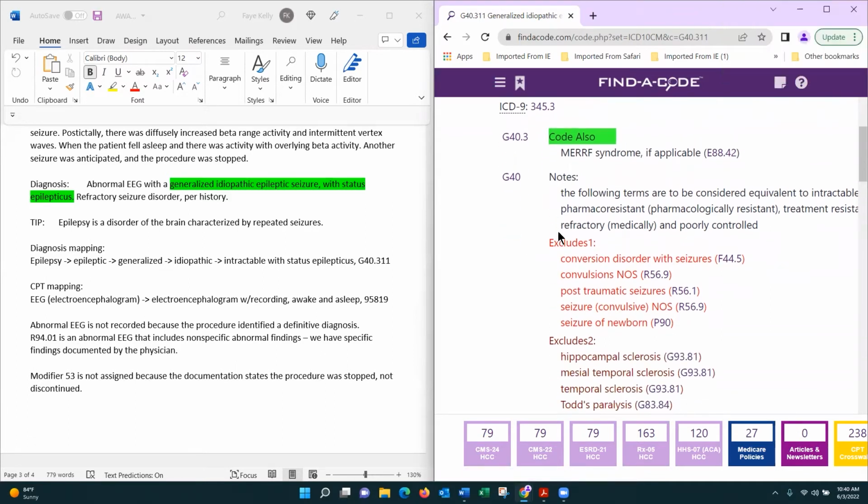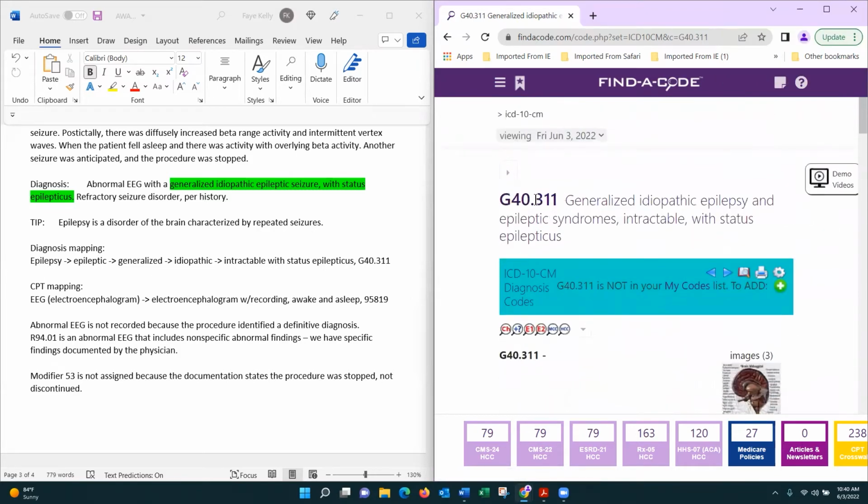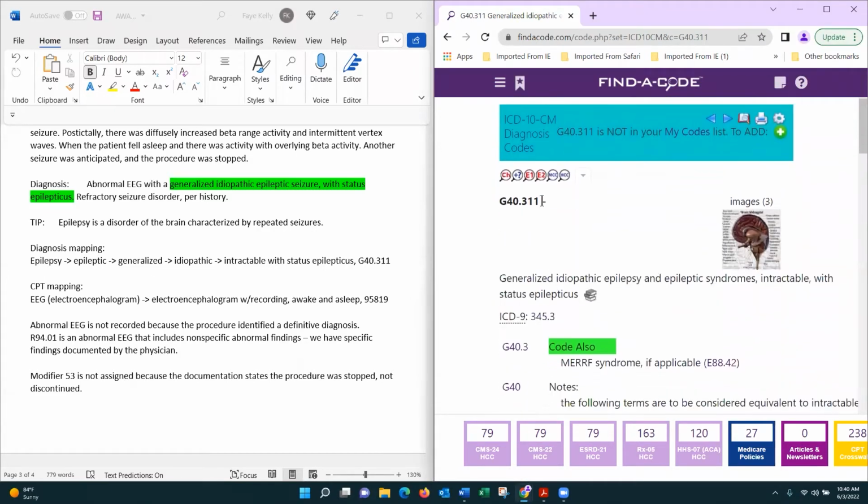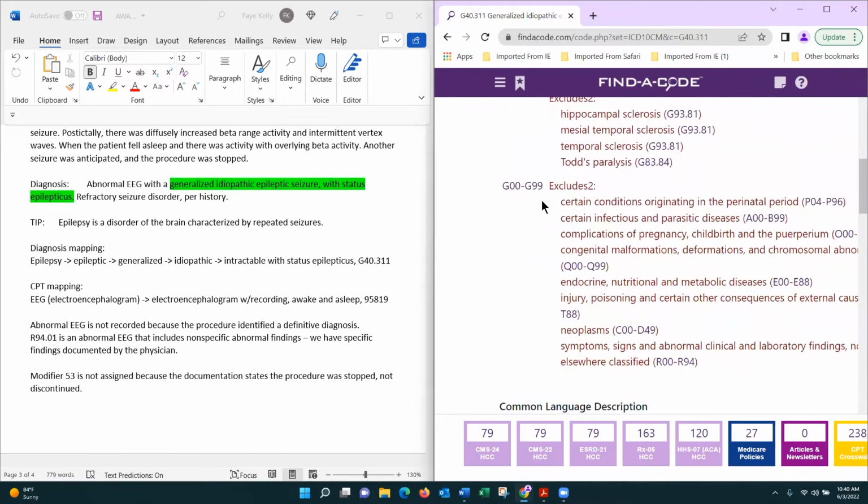Okay, notice right here that under the G40 category, and that's where we're at, our code is G40.311. Notice here that we have an Excludes1 note, which would have just told us. Yes. So make sure when you land at your code that you scroll down and read all the notes.